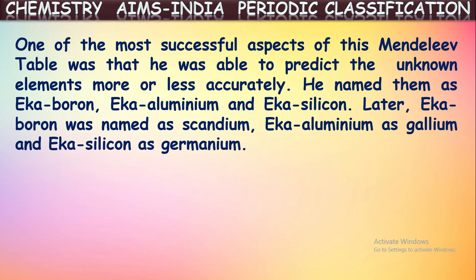He left some gaps in the periodic table, as there was some element to be found and it was to be filled in that gap. In that way he left some gaps by assuming unknown elements which were not yet discovered. So those elements, as he expected, were later discovered and filled those gaps.